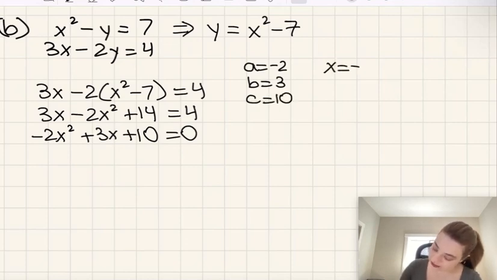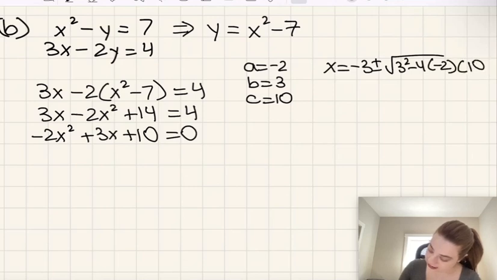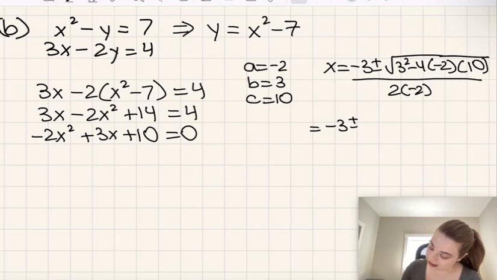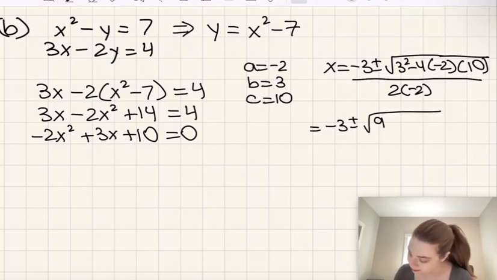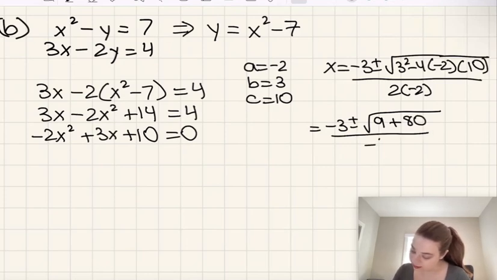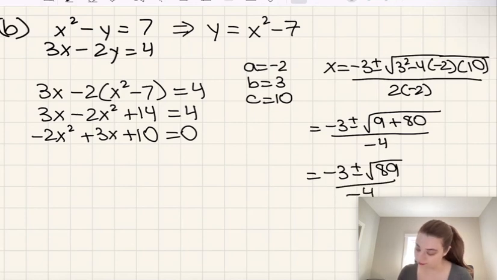So x is equal to -3 plus or minus the square root of 3 squared minus 4 times -2 times 10, all over 2a, like that. So we have -3 plus or minus the square root of 9, let's see, plus 80, over -4. So therefore it's -3 plus or minus the square root of 89 over -4.